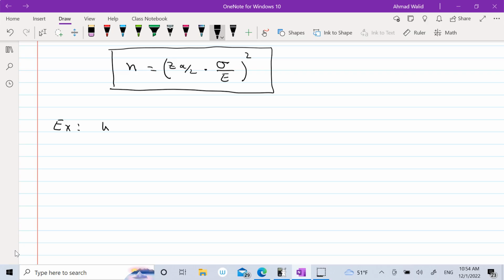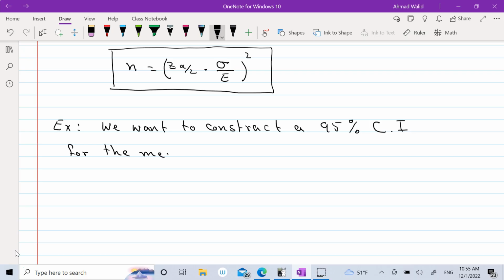We want to construct a 95% confidence interval for the mean of IQ scores.